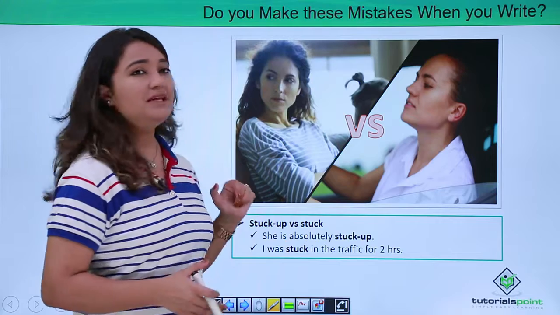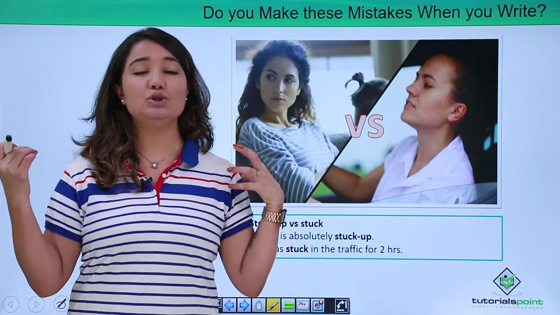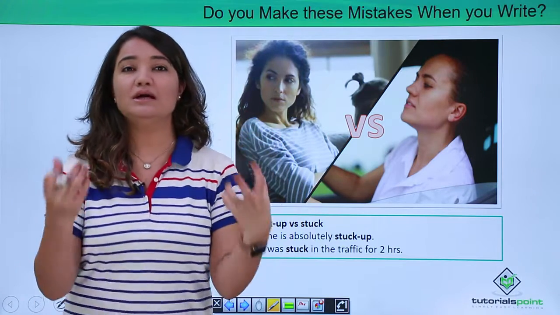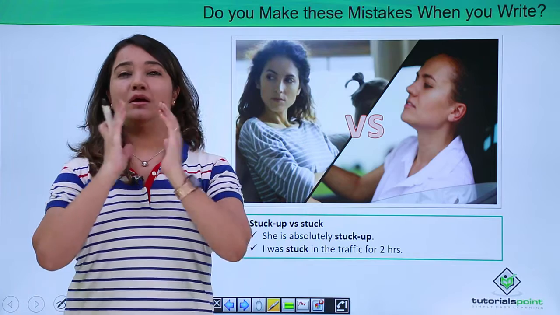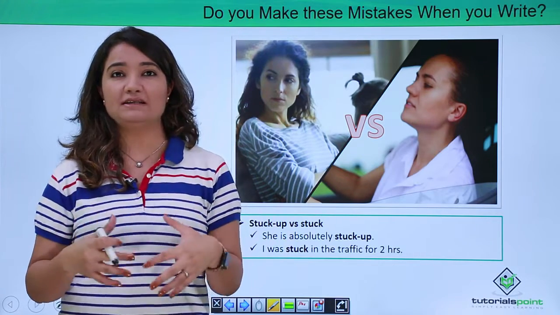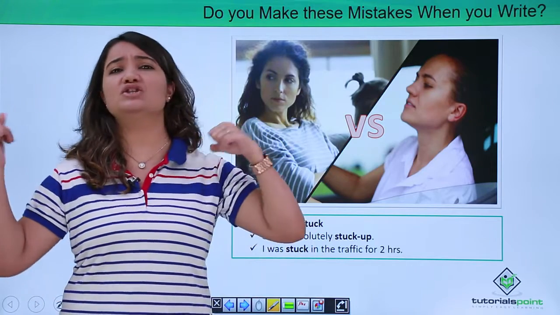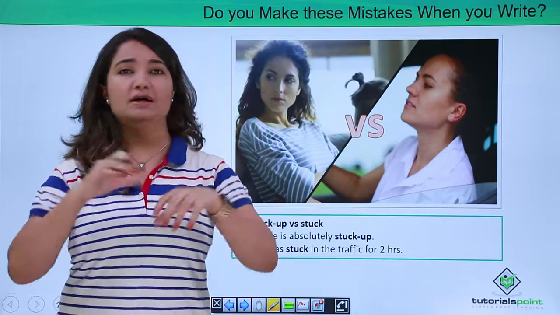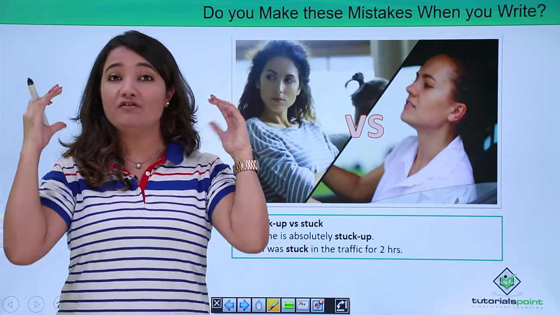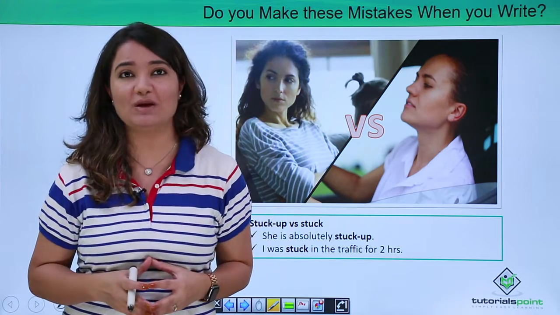Stuck up describes a person who is self-consumed or conceited, someone who cannot move out of that state of ego. "I am the one, I can do it, I know it." It is a person whose mind and thoughts are just filled with himself or herself.